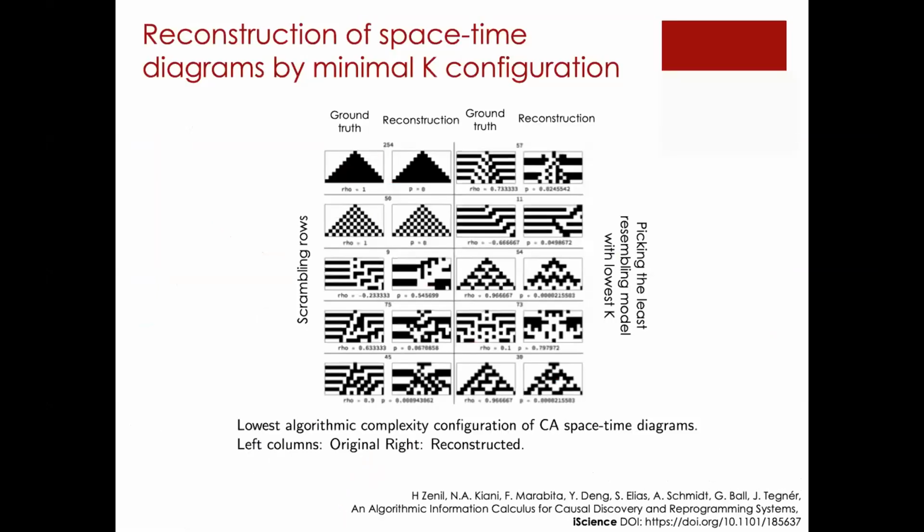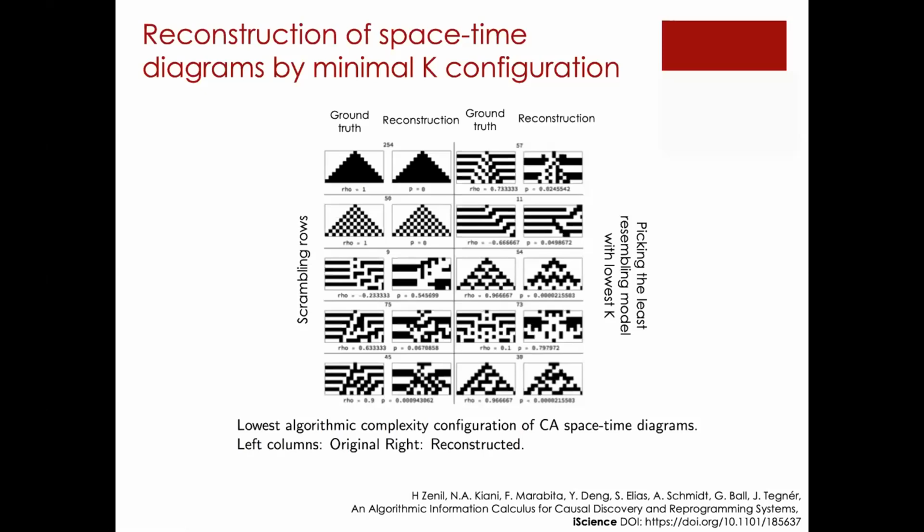So this is a toy example that we are developing further in the next few months for another publication. But let me explain it. We have elementary cellular automata on this side. These are the original versions, what I would call the ground truth. And then let's say that we scramble the rows. I'm not showing the scrambled version because you can imagine how it looks.